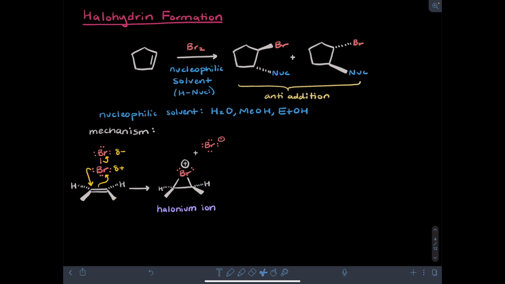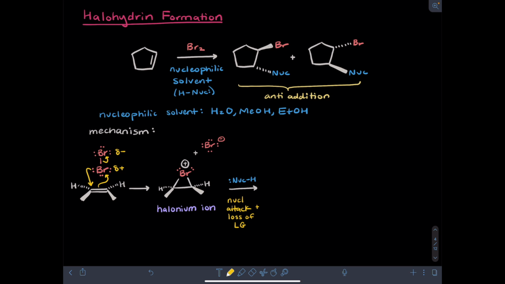Here is where our reaction will start to differ in terms of what group adds to the electrophile. Imagine that you have a lot of nucleophilic solvent around relative to the amount of bromide anion you have. The highest concentration nucleophile is most likely to attack the electrophile.